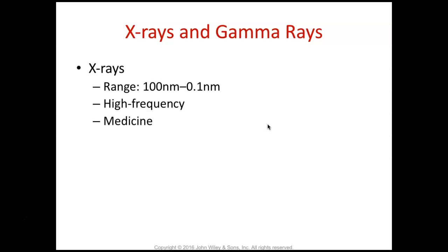X-rays. What are X-rays? X-rays have a range of 100 to 0.1 nanometers, very high frequency. What are they used for? Mostly in medicine, where of course you've probably all had X-rays taken before. Because of that high frequency, they're very high energy, and they can penetrate several centimeters into most solid matter, but they are absorbed to different degrees by all kinds of materials.